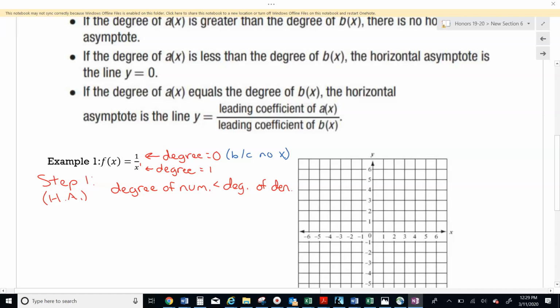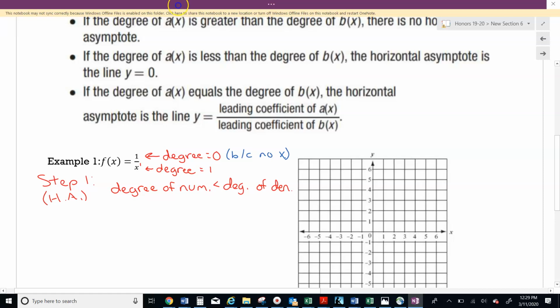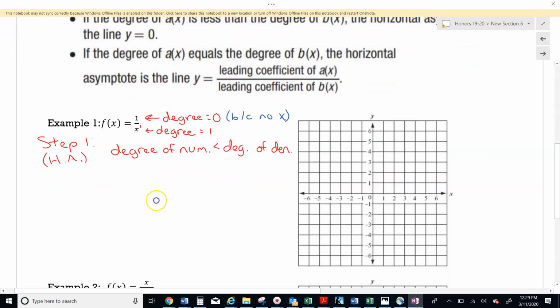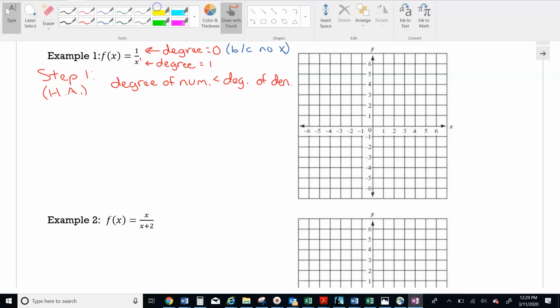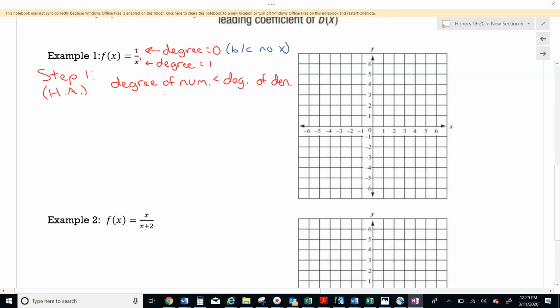If the degree of the first is less than the degree of the second, then it's y equals 0. That's right. So y equals 0, which is just the x-axis, that's my horizontal asymptote.